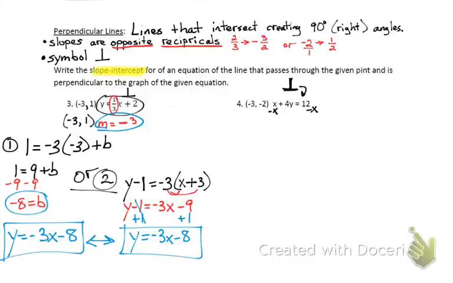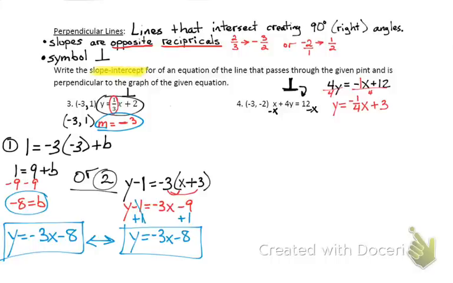So I subtract x on both sides, which gives me 4y equals -x plus 12, and then I will divide by 4. And since this is a -1x, I'm going to have y equals -1/4 x plus 3.